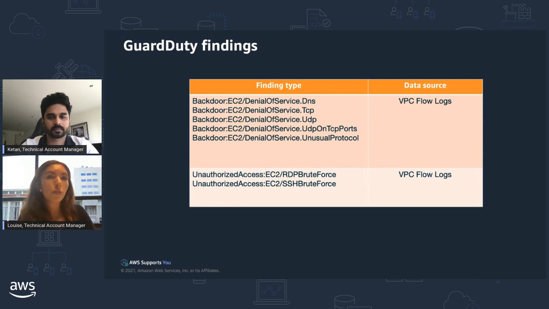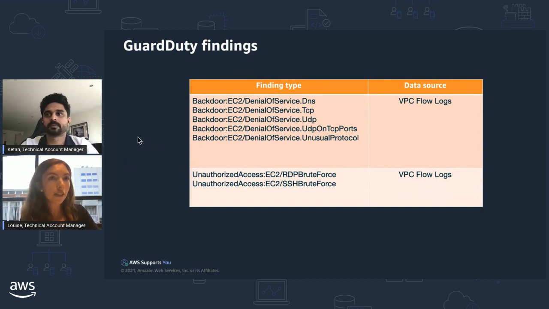This finding informs you that the listed EC2 instance within your AWS environment is generating a large amount of outbound DNS traffic, which may indicate that your instance is possibly compromised or being used to perform a DDoS attack using the DNS protocol. So what you have to do whenever you receive this finding is decide if it's a false positive or false negative, or if it possibly is actually performing a DDoS attack, or maybe it's been affected. It will also give you steps on how to remediate this as well.